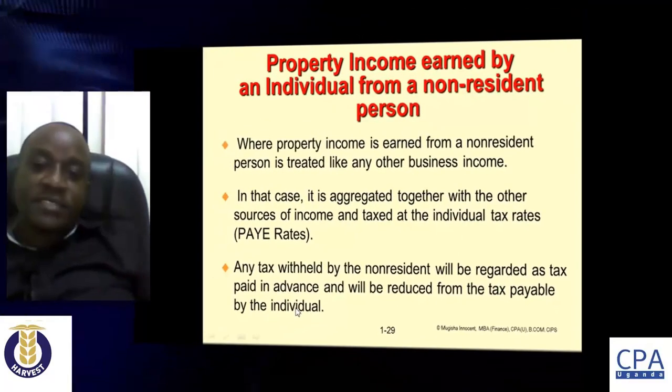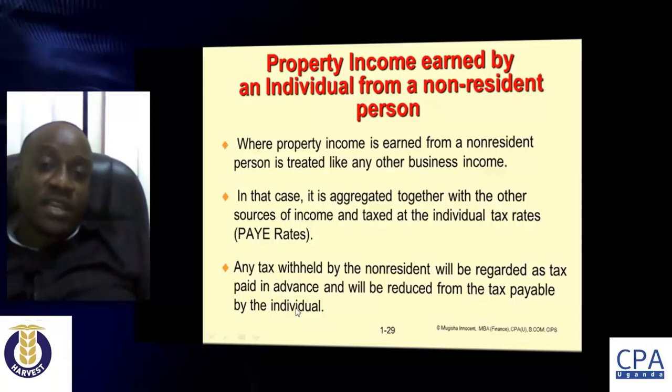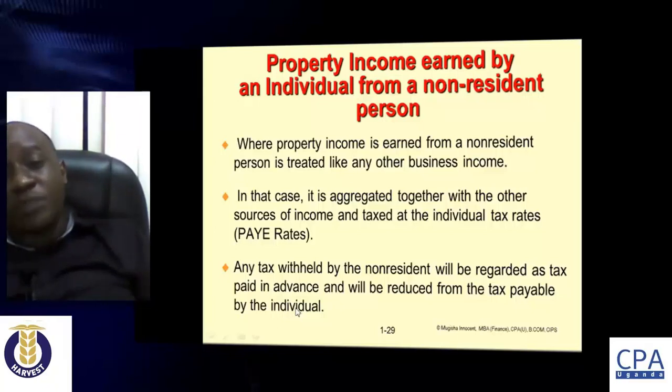So what does it mean? Subject to the double taxation rules, you receive a relief. So we are going to get the gross of your property income earned from a non-resident. Remember, I'm giving an example of a non-resident as a foreign company. Assuming you have shares in MTN South Africa, and MTN South Africa pays a dividend, of course, MTN South Africa will withhold some of the dividend income that you're supposed to earn because of the tax rules in South Africa.